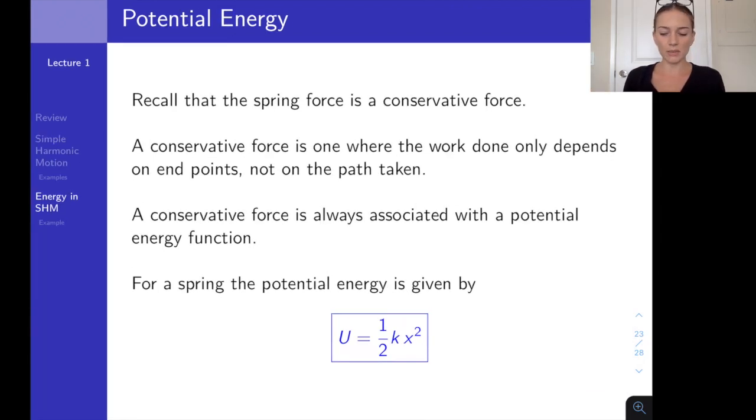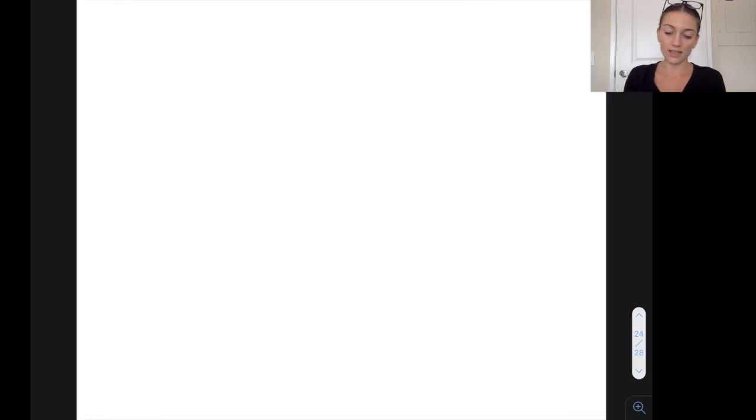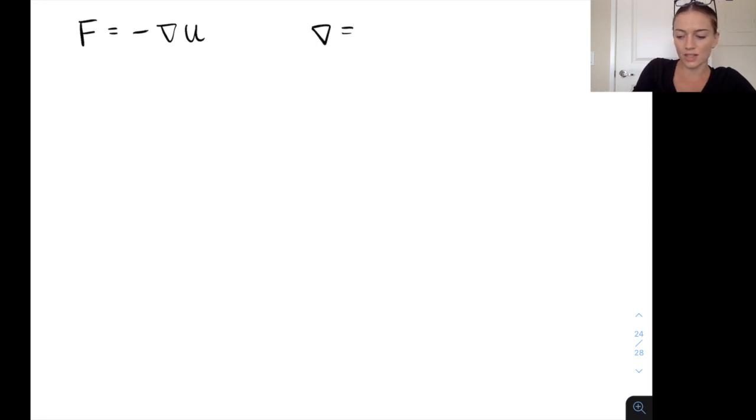One interesting thing about conservative forces, like I said, is they're always derivable from a potential function. This you might do if you take upper div mechanics or something. You'll see that the force is the negative gradient of the potential. Now, if you haven't done gradient yet, or multivariable calculus, that's okay. In our case, the gradient is just the derivative. So for a spring in one dimension, this is just equal to the derivative with respect to x.